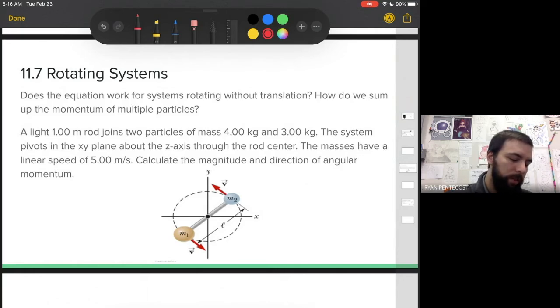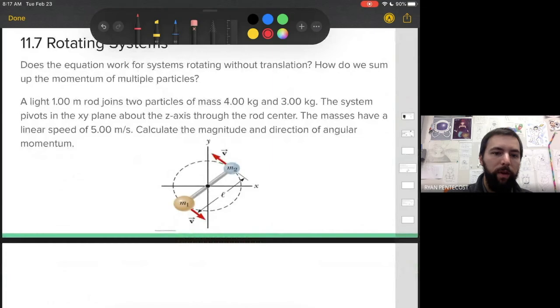So let's look at this system. We have a light 1 meter rod, light meaning massless, joins two particles of mass 4 kilograms and 3 kilograms. The system pivots in the XY plane about the z-axis through the rod's center. The masses have a linear speed of 5 meters per second. Calculate the magnitude and direction of the angular momentum. So if we look at this, we have a perpendicular radius, right? So we're going to use the concept of L equals R perpendicular mv, right?